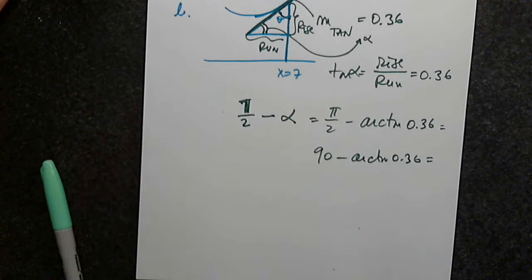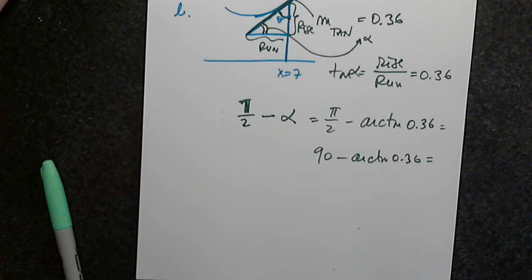So let's go back. Make sure that the mode is in radians. If the mode is in radians, then we have pi over 2 minus arctangent, which is right here, second and tangent inverse of 0.36. And I'm going to call the previous answer. And that's in radians.